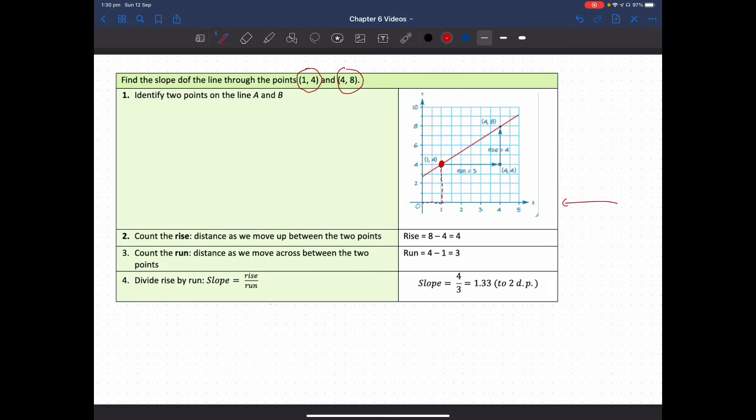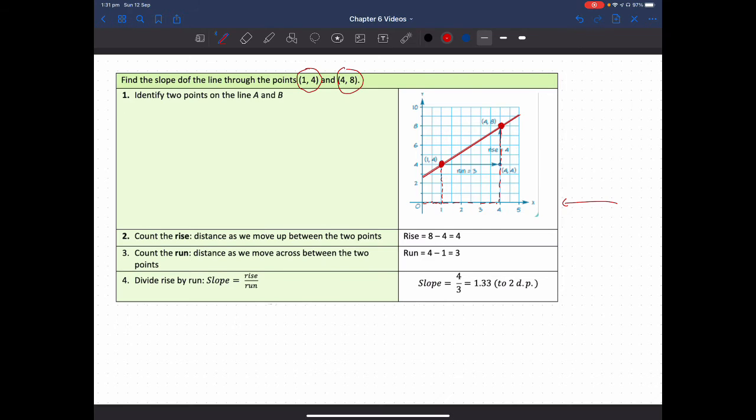And we draw our point. 4, 8, we go across 4 and we go up 8. And there's our second point. A red line has been drawn through the 2 points.